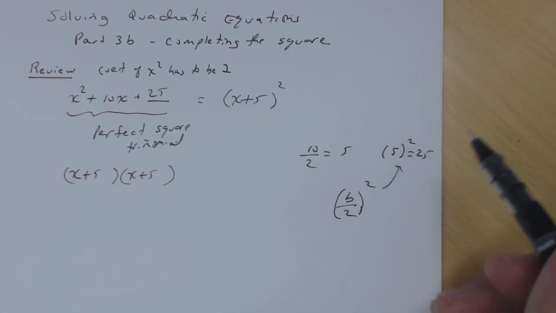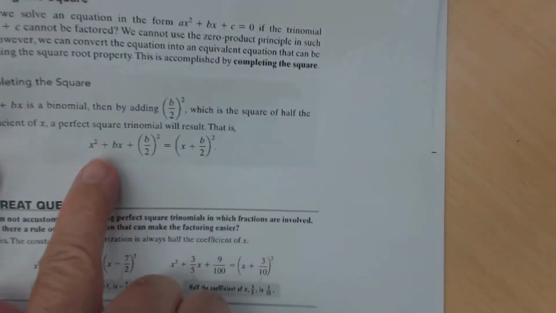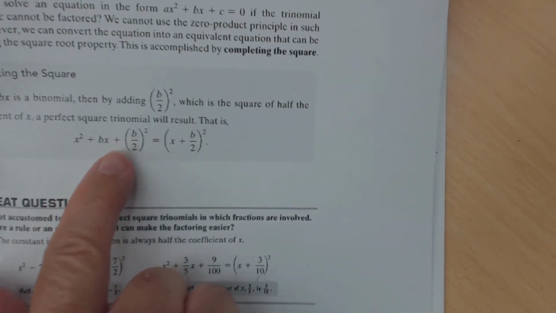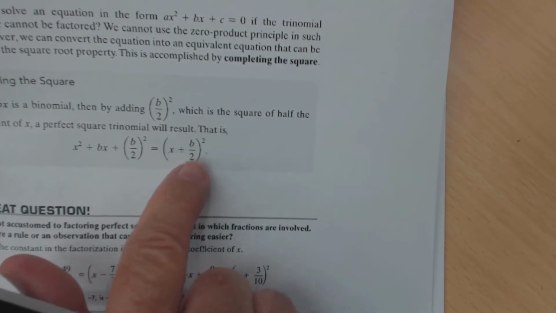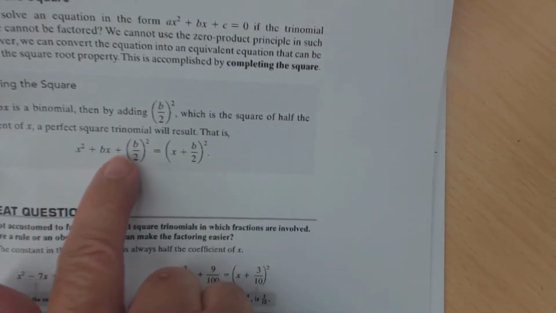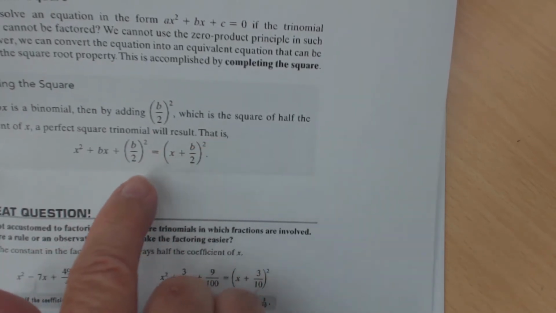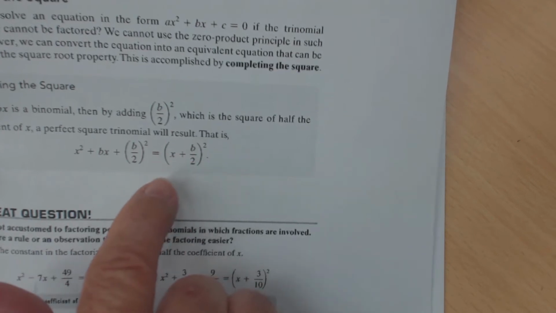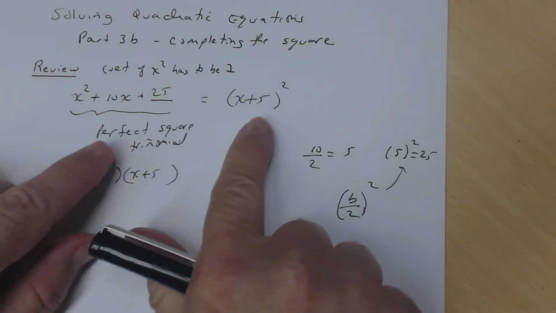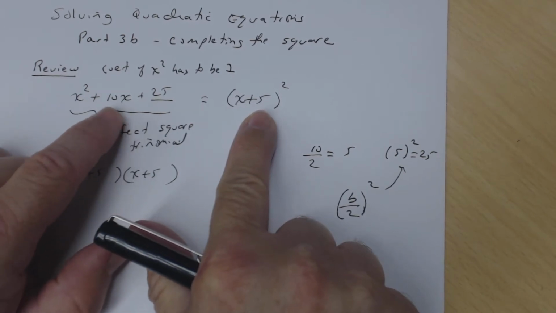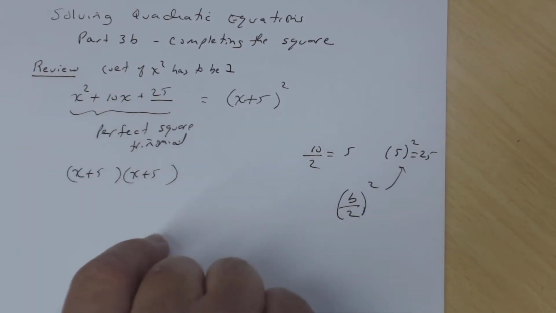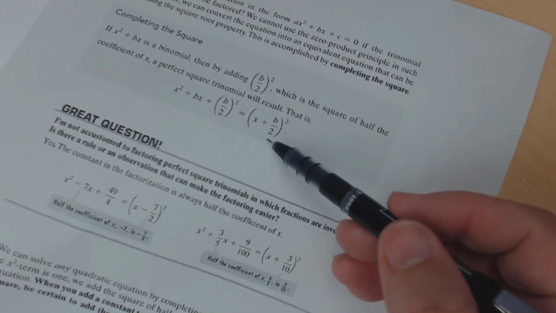That's what this says right here. You take the coefficient of b, divide by 2, square it, and then you can factor it as the square of a binomial, which is just x plus b over 2. Remember we got 5 here, and to get 5, you say 10 divided by 2, so b divided by 2.